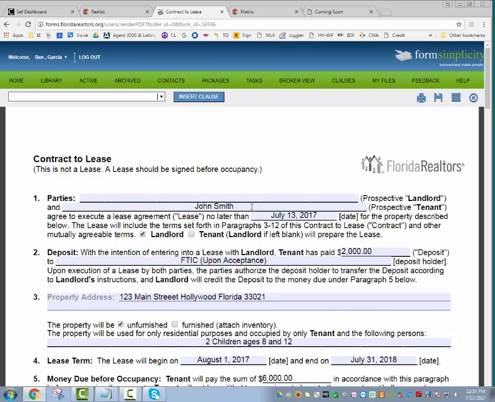It keeps your pipeline full. Happy tenants tend to tell all their friends, and they can turn into sales. Tenants eventually purchase. So keep working on those tenants and those contracts to leases and those leases, and you will have customers for a very, very long time.